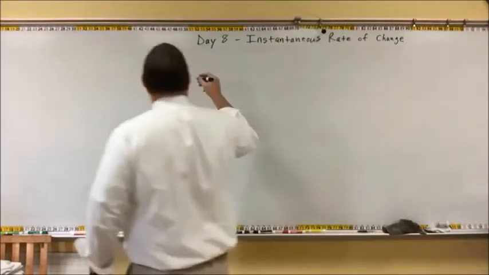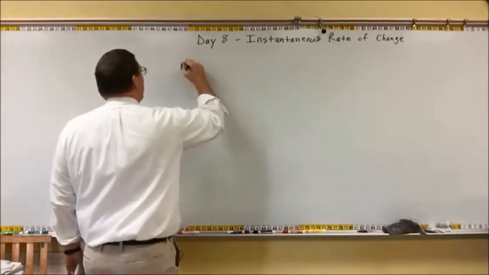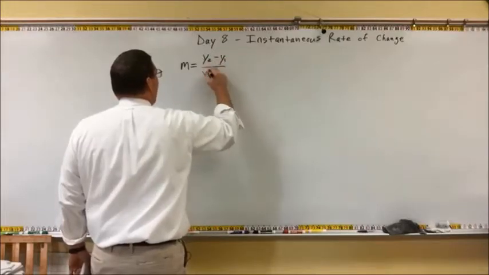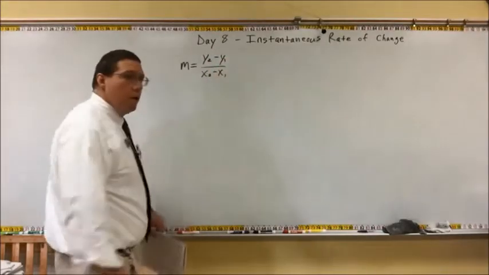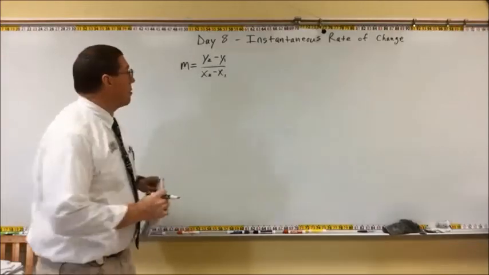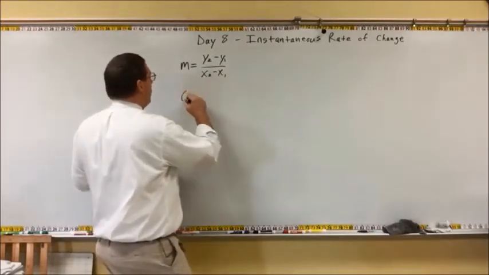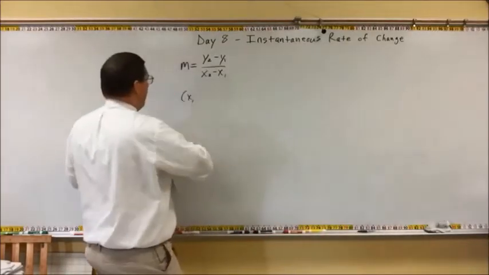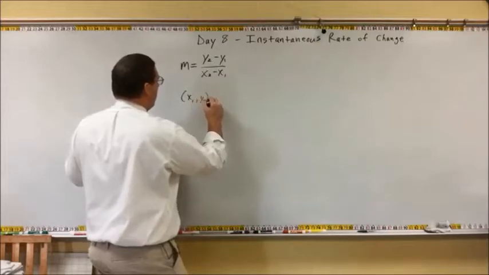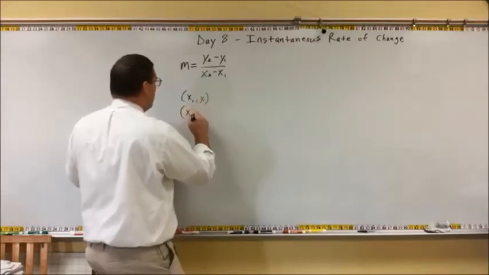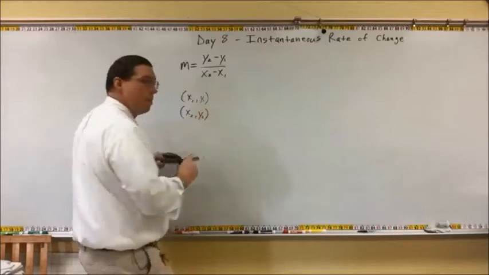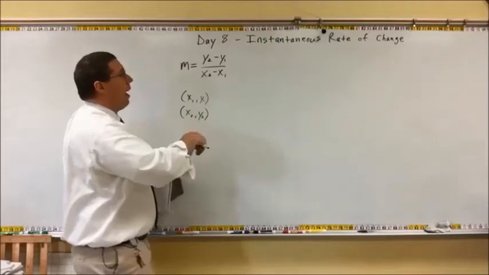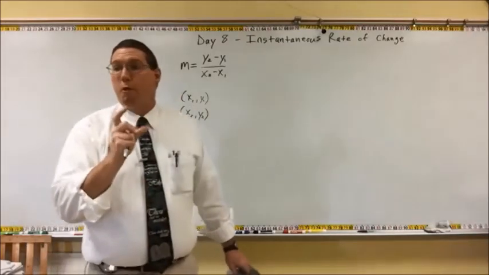Here's what we're going to start with. We know that the slope of any function is equal to y2 minus y1 over x2 minus x1, right? So if you take any 2 points, x1, y1, and another point x2, y2, you can plug these 2 points into this formula and get the rate of change between those 2 points.